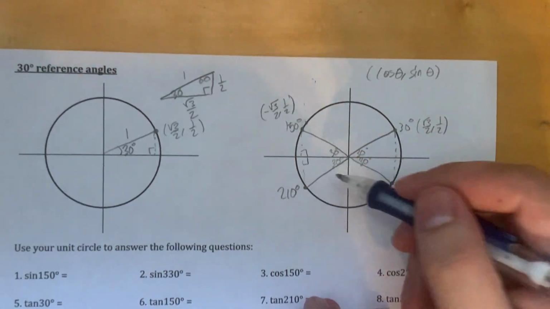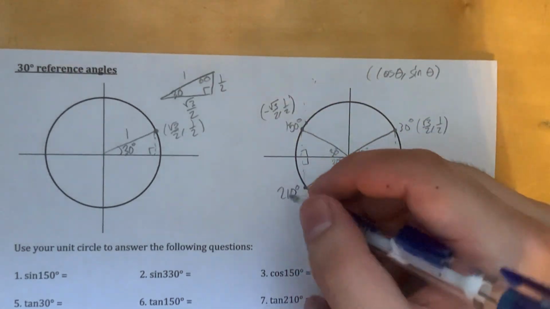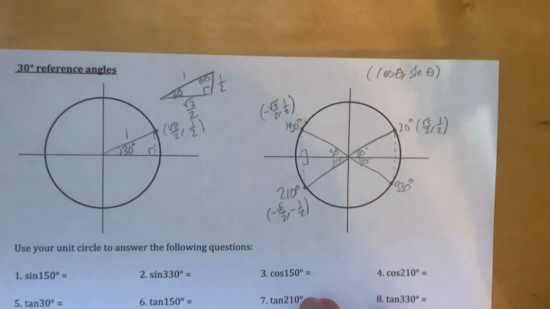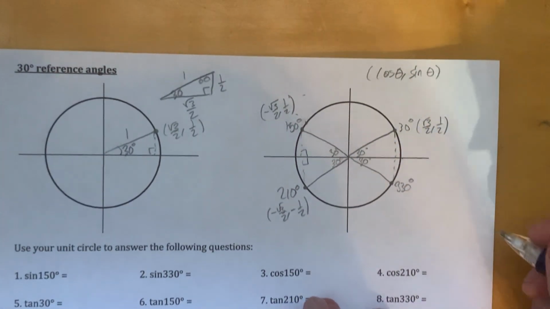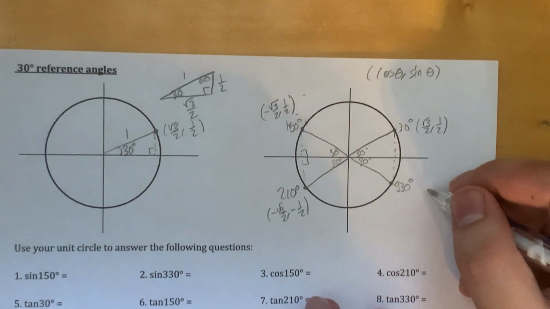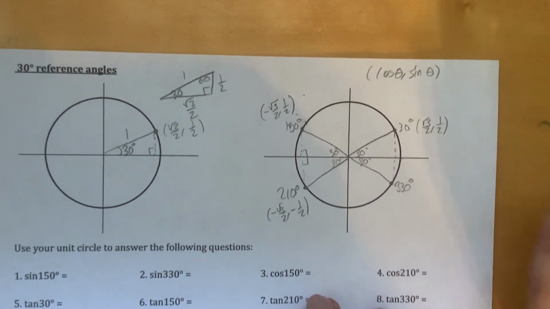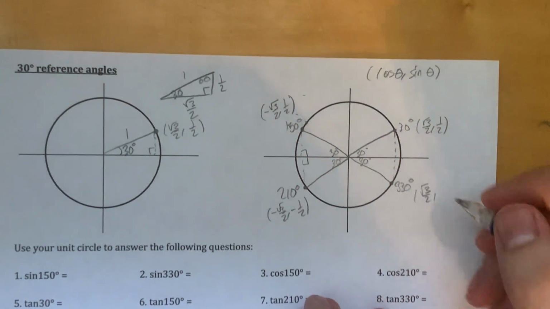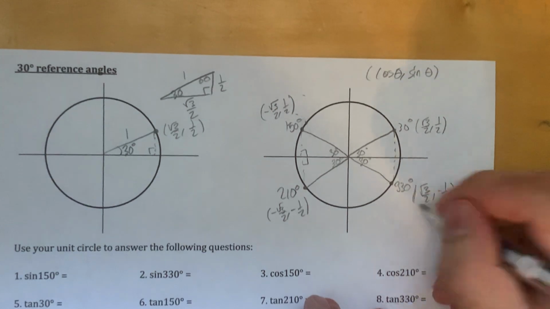What do you think? They're both going to be negative at 210, quadrant 3. So negative root 3 over 2 and negative 1/2. What about 330 degrees? The y is going to be negative, not the x. Like I made that mistake on the other page. That was my bad. That's all me.